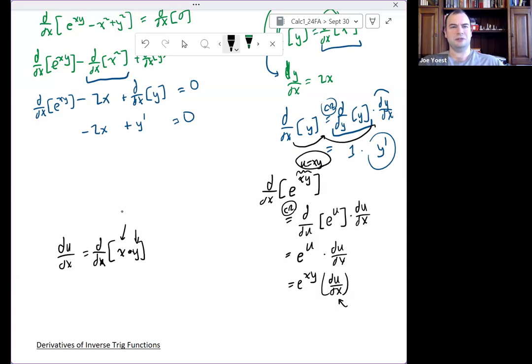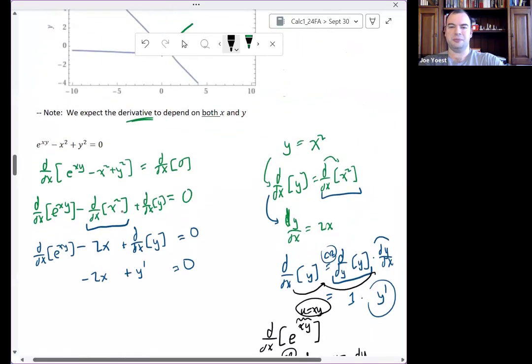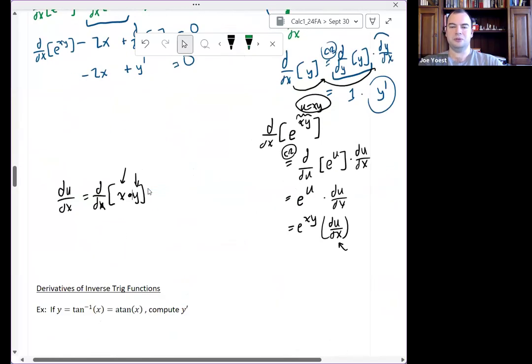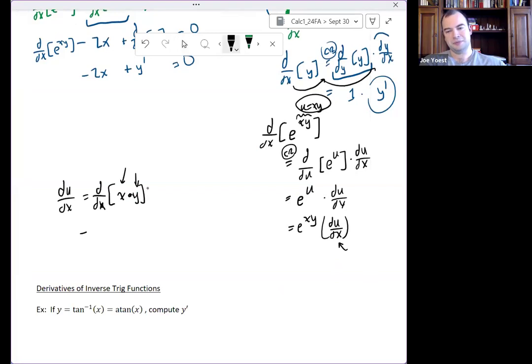And y is also essentially a function of x, right? y is dependent on x. If I choose x, that at least restricts the values of y that are permissible. So y acts like a function of x. I need to apply the product rule here. So that's 1 times y plus x times the derivative of y with respect to x, y prime. So y plus xy prime.